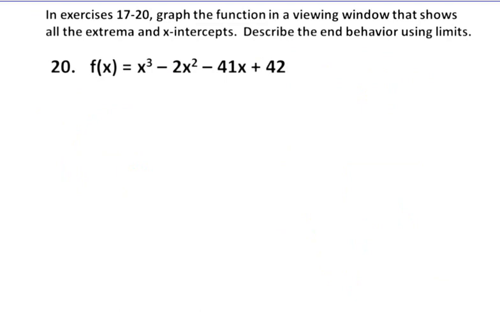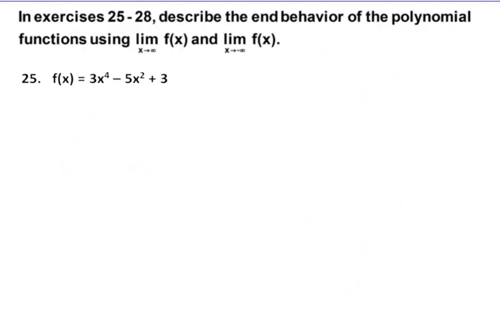Alright, next, another problem. In this set, we have exercise 25 through 28. Describe the end behavior of the polynomial function using the limit as x approaches infinity of f of x and limit as x approaches negative infinity of f of x. And here we have 3x to the fourth power, and this 3x to the fourth power is what we call our leading term.